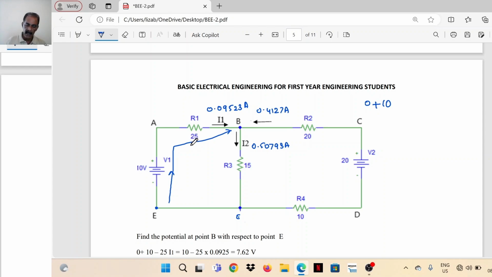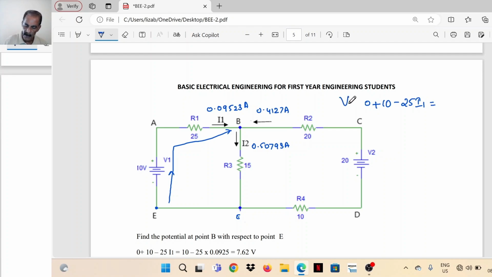Then this current I1 and this path are both in the same direction, so minus 25 I1. The IR drop is 25 I1 and its sign is negative because current direction and path direction are the same. That is the potential at B.